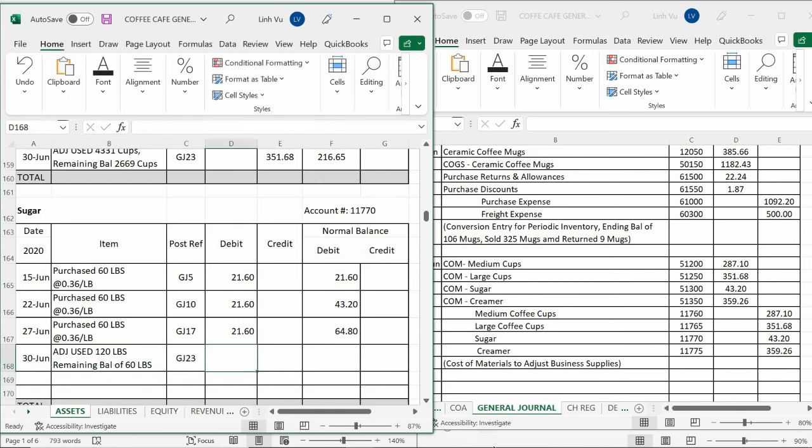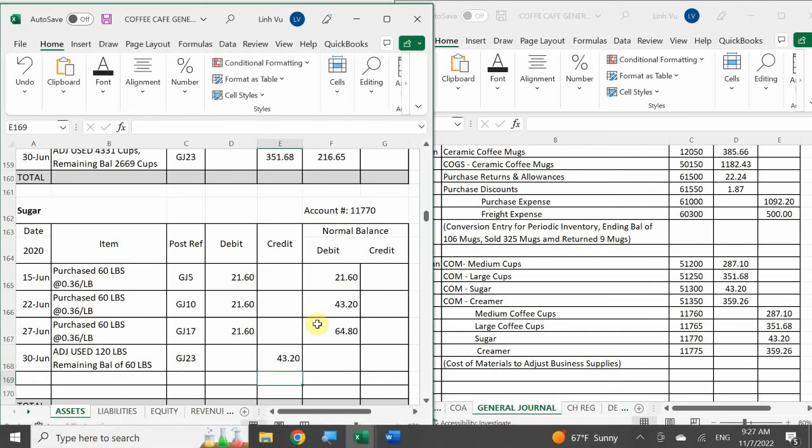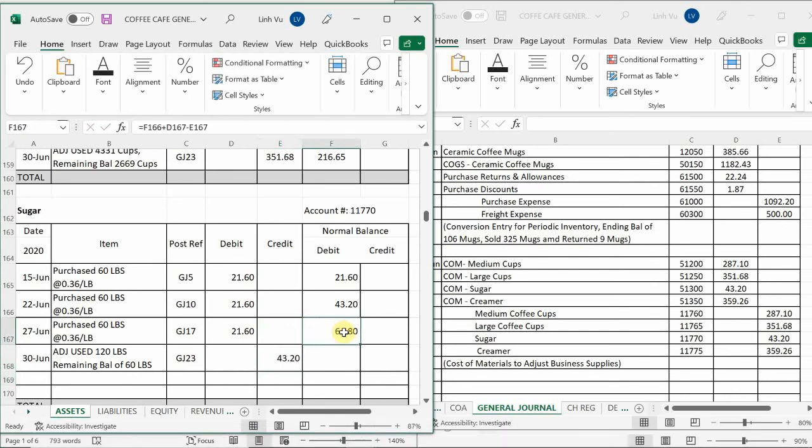You have 60 pounds left. So in this case, if I used $43.20 of the sugar, I should have $21.60 left.